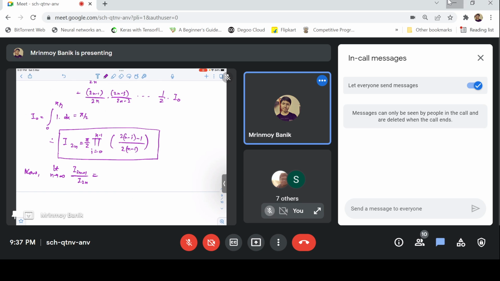So it's 2 times each factor of n factorial. So it's 2 power n times n factorial. So actually it's 2n factorial whole squared times 2 by 2n plus 1.